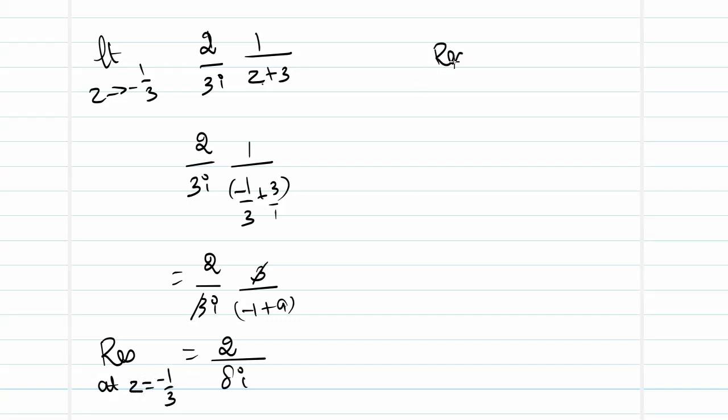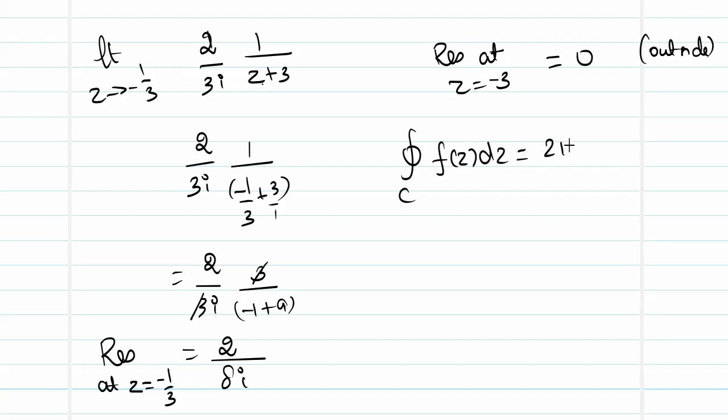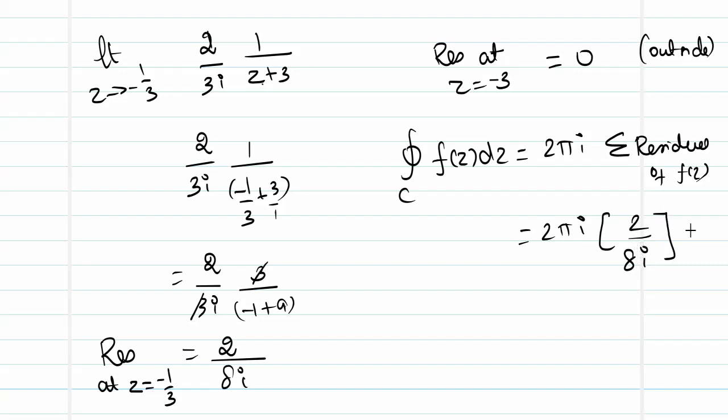What do I know about the residue at z is equal to minus 3? Since it is outside, the value of it is equal to 0. Now considering the Cauchy residue theorem, the integral over c of f of z dz is 2 pi i times the summation of residues of the function f of z. So it is 2 pi i times, the first residue was 2 by 8 times i, plus the second residue was 0.